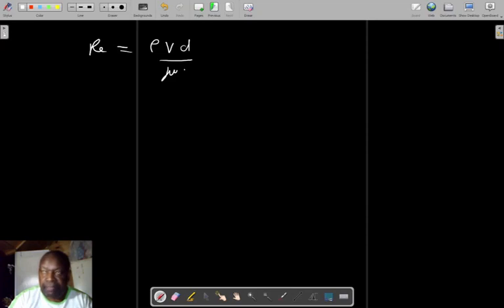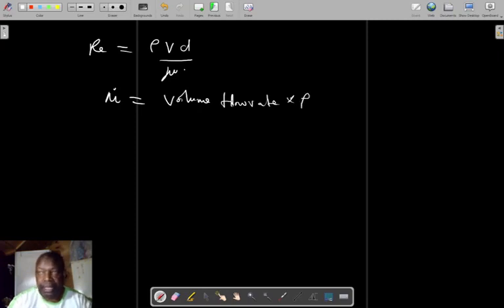But note that we've been given the mass flow rate, and we know that a mass flow rate is equal to the volume flow rate times the density, and the volume flow rate is equal to the cross-sectional area A times the velocity.